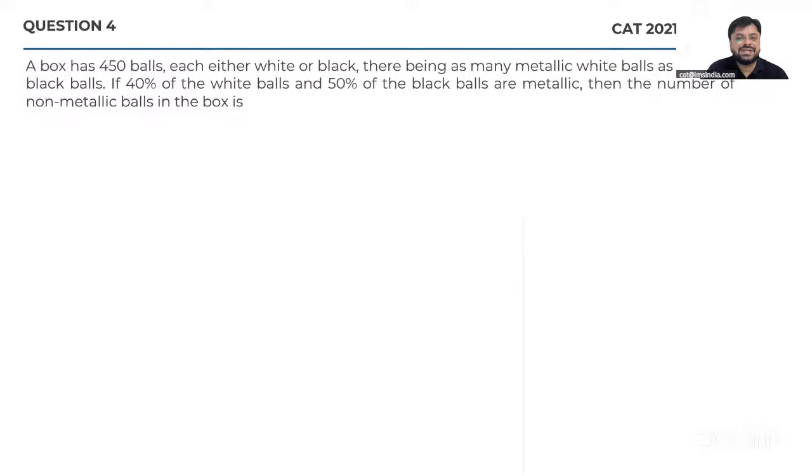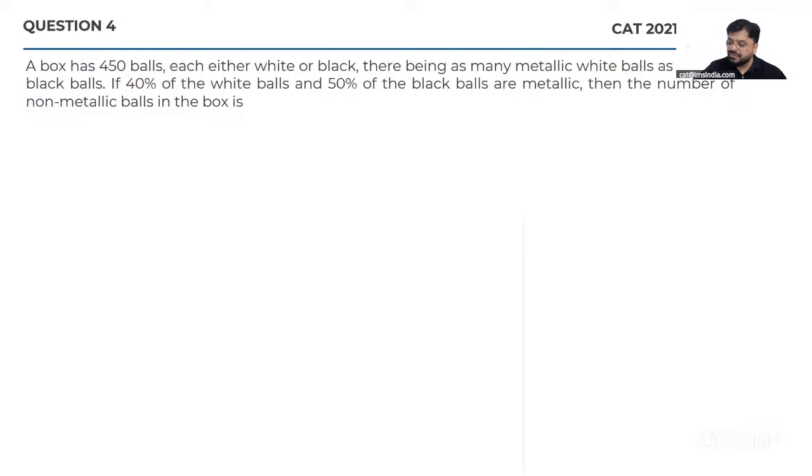It is a question which says a box has 450 balls, each either white or black. There being as many metallic white balls as metallic black balls. If 40% of the white balls and 50% of the black balls are metallic, then the number of non-metallic balls in the box.